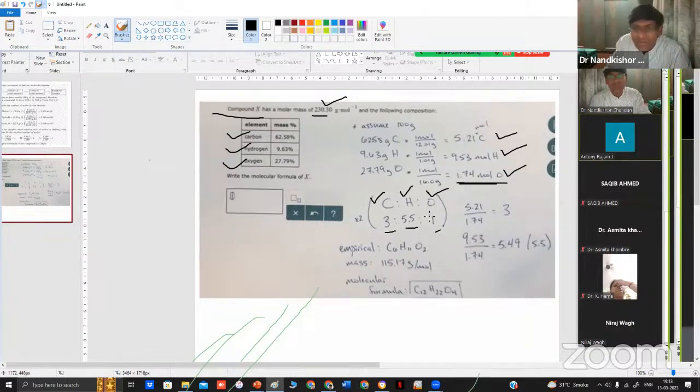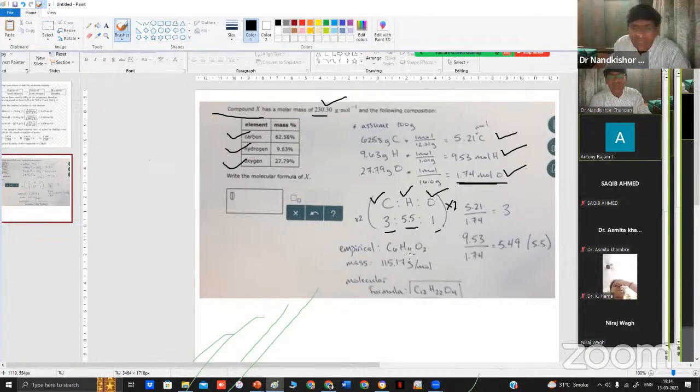Now this empirical formula will have a certain weight. Suppose the molecular weight is 230 and the empirical formula weight is less. So what you are going to do is multiply this by a number. It may be twice or thrice or 4 times.